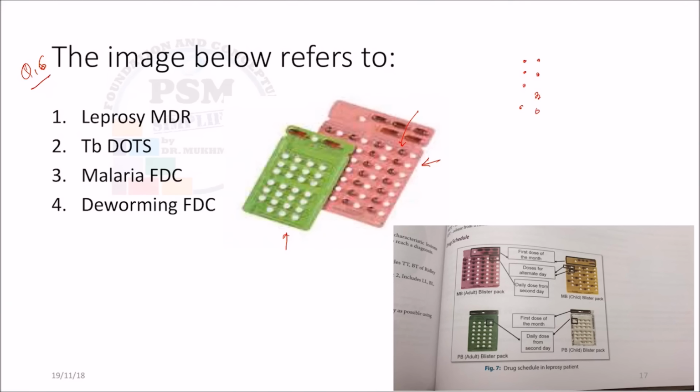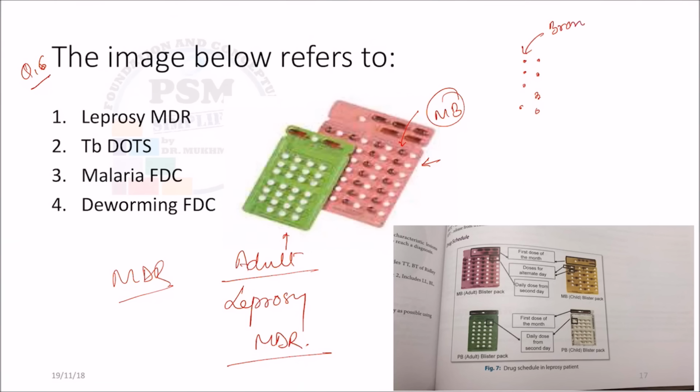So this green color is for adult leprosy multi-drug therapy, multi-drug regime packets. These are MDR, multi-drug regime for paucibacillary adults, and this one is for multibacillary. You can see the brown color tablets.